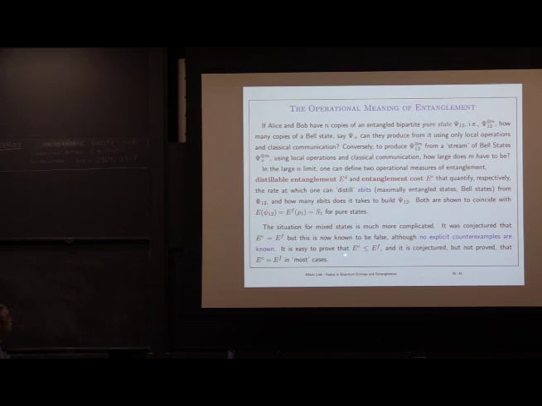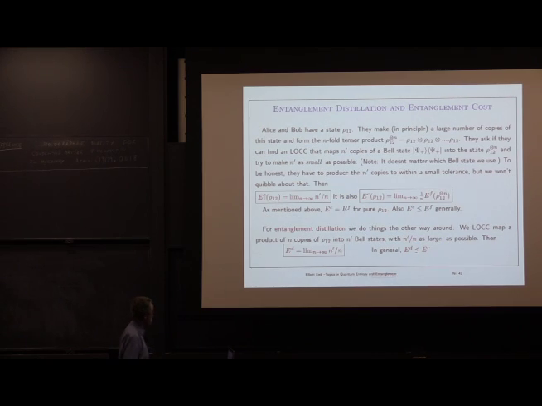It is easy to prove that the entanglement cost is less than the entanglement of formation. And it is conjectured but not proved, and here's a very fuzzy statement, that the entanglement cost equals the entanglement of formation in most cases, whatever that means. We don't know yet what most cases means. But anyway, I leave that for the future. Right now I'm talking about pure states, and there we do know the answer.